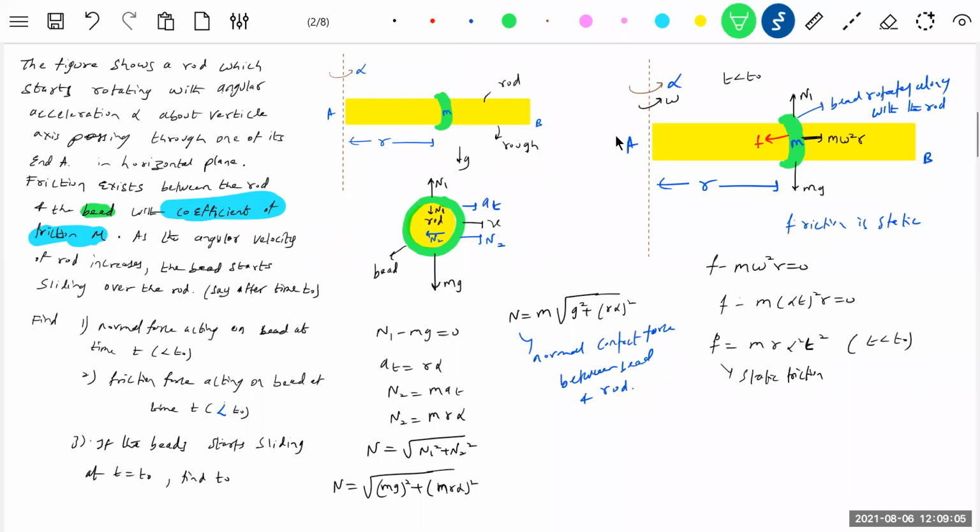The two unknowns, I just made a correction. Okay, this is our answer. Now if the bead starts sliding at t equal to t naught, find t naught. The bead starts sliding, so what friction should act? Limiting friction should act here.